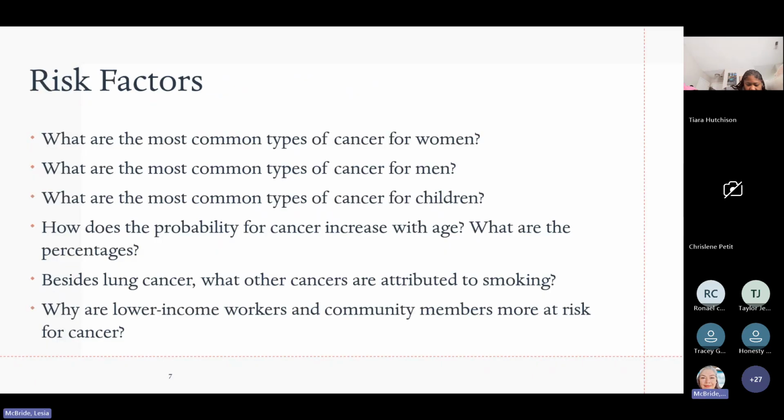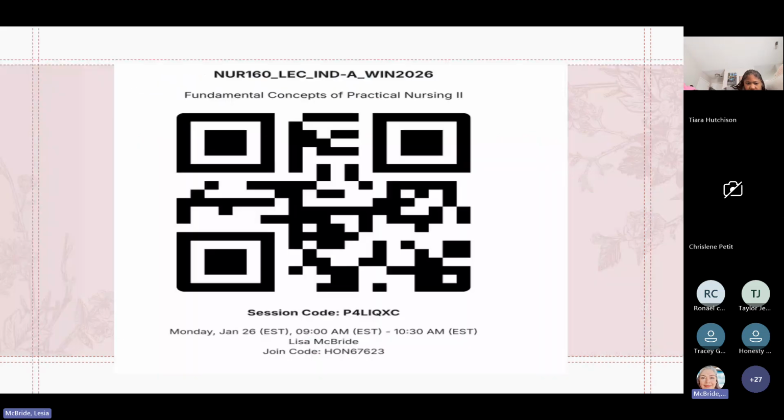So risk factors, I've got a few folks here that still need to get course keyed in. So let me get the course key back up. Tiara, try that now and see if you can get course keyed in.